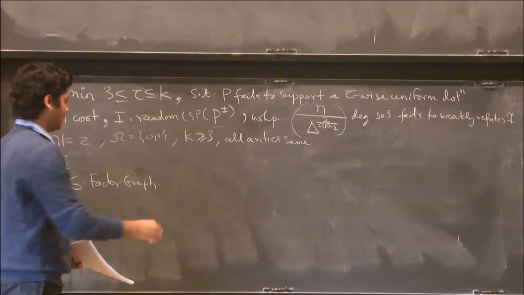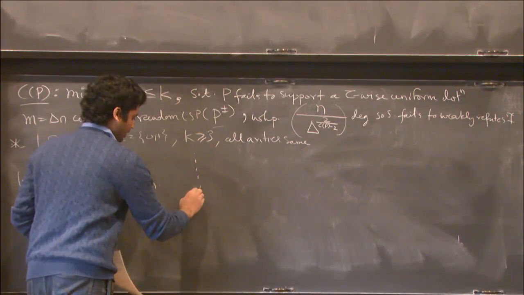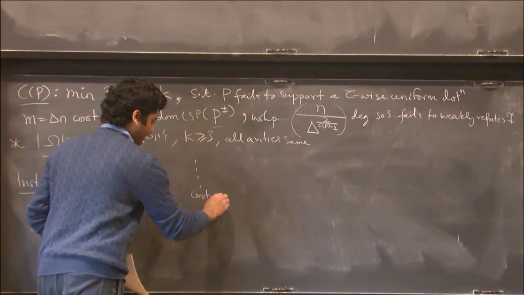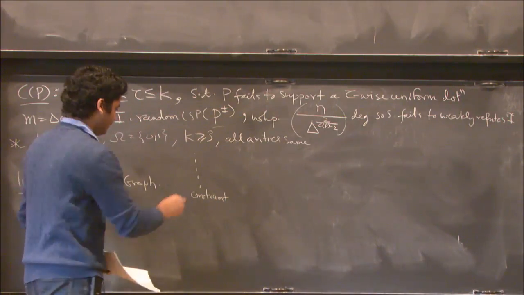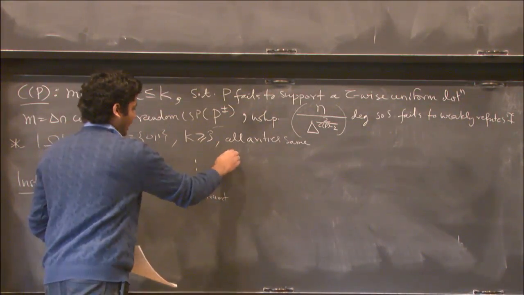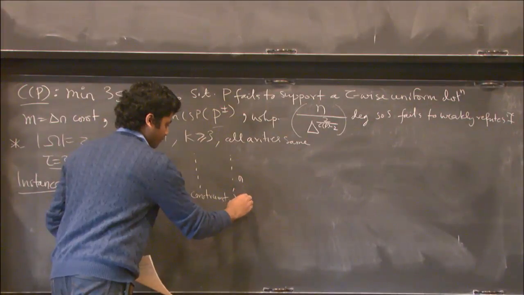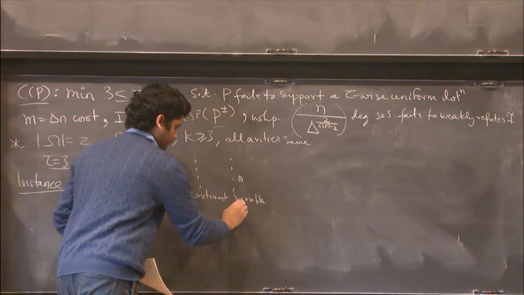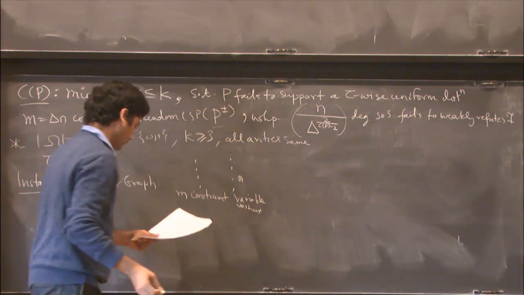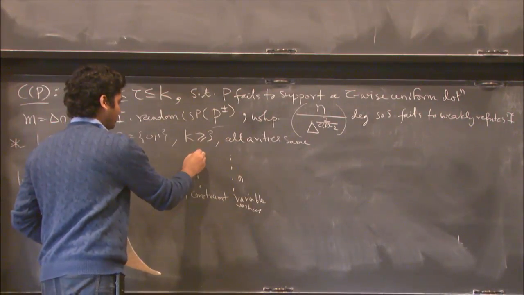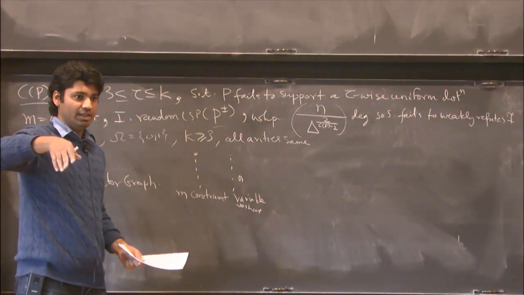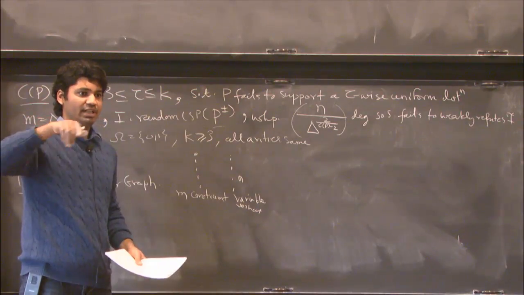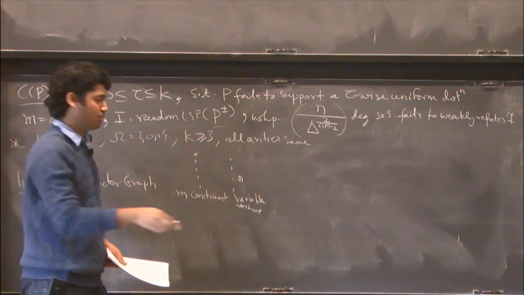So this is the bipartite graph with a vertex for all constraints. There are m constraint vertices, there are n variable vertices. And every constraint vertex has edges which tell which is its first variable, second variable, and kth variable, and so on.